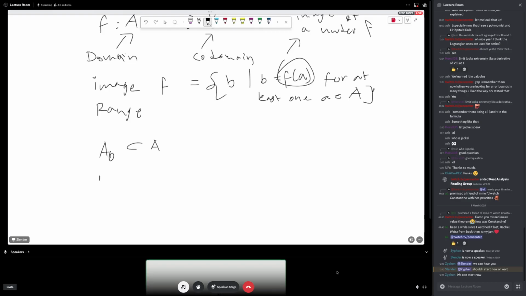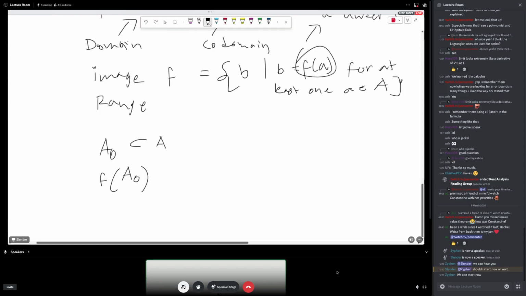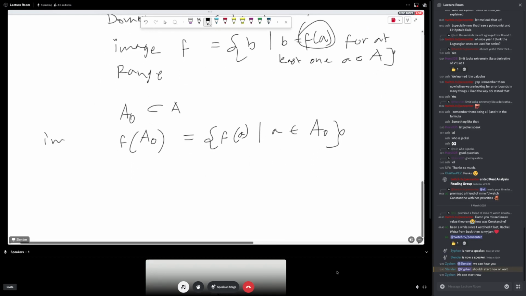In this notation we are taking in a set instead of an element, as we usually do for normal functions. It's almost the same definition: the set of all f(a) such that a is in A0.